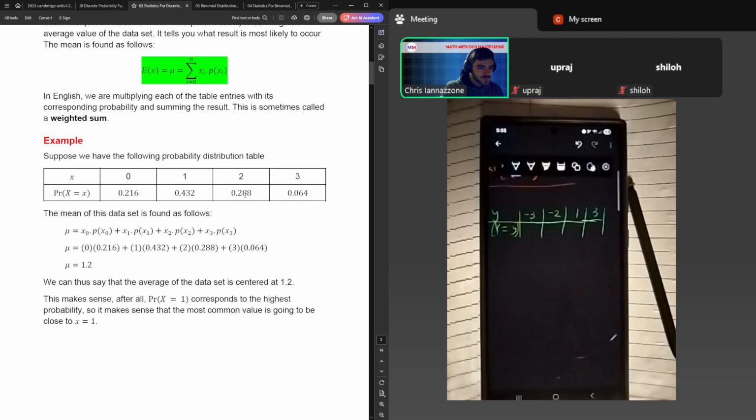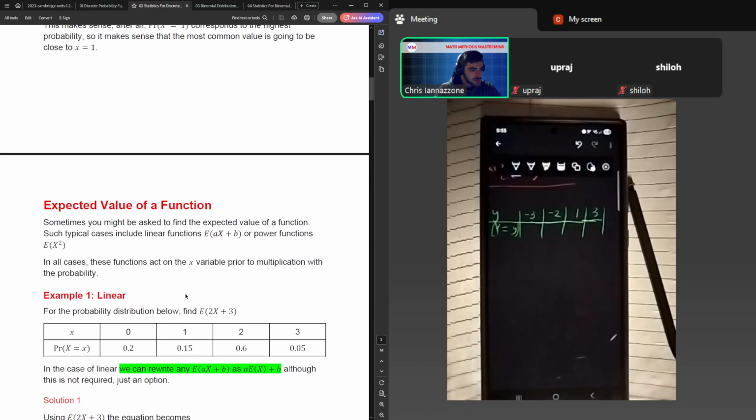And then very, very slightly, it's skewed towards the right because you've got 0.216 over here, 0.288, and then a little bit more over here. So it's a bit more heavily weighted on the right-hand side than it is on the left-hand side of this, which is why you get a 1.2 result.